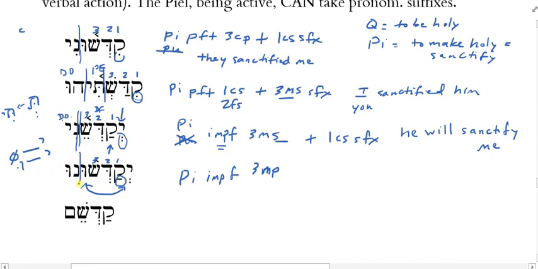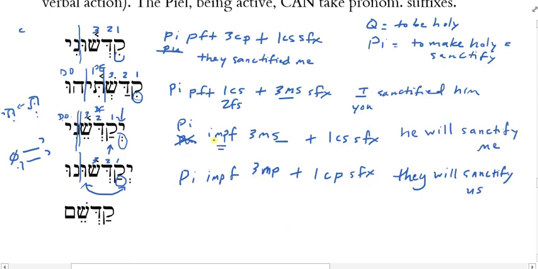And then what pronoun is nu? First common plural, right? How am I going to translate that? 3MP is who? Masculine plural. So that makes it they, right? And again, will sanctify because it's Piel and imperfect. But the direct object is nu, and that's sanctify us. First common plural. Okay, so they will sanctify us.